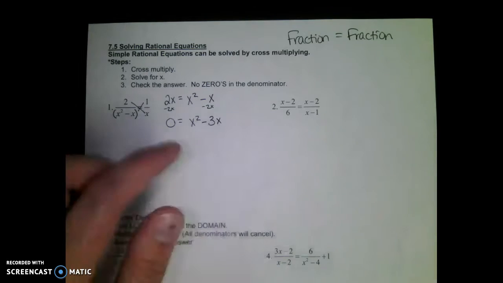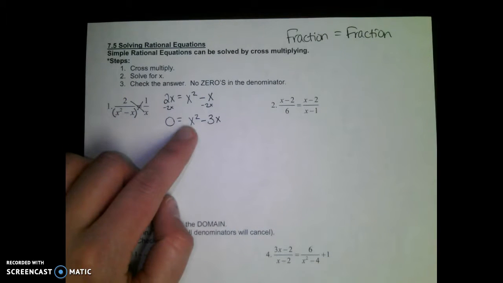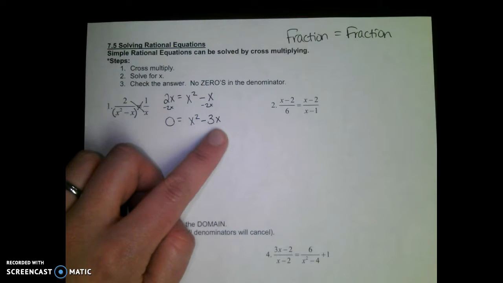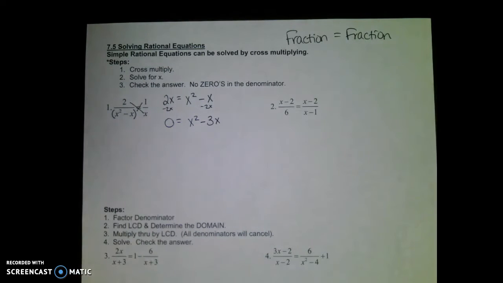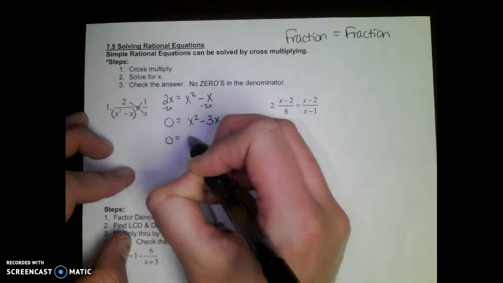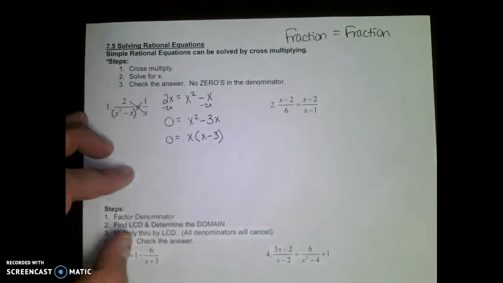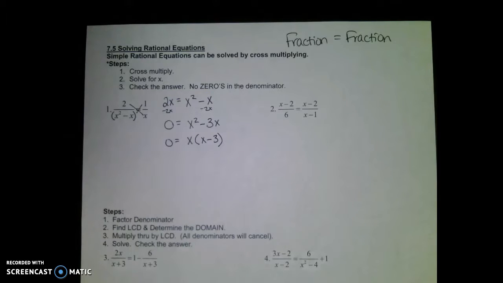When it's 2 numbers, check to see if it's difference of 2 squares. This is not difference of 2 squares because it's not x squared and a number. What do x squared and 3x have in common? An x. This is greatest common factor factoring. They have an x in common. Pull that x outside of the parentheses, and you have 0 equals x times x minus 3.